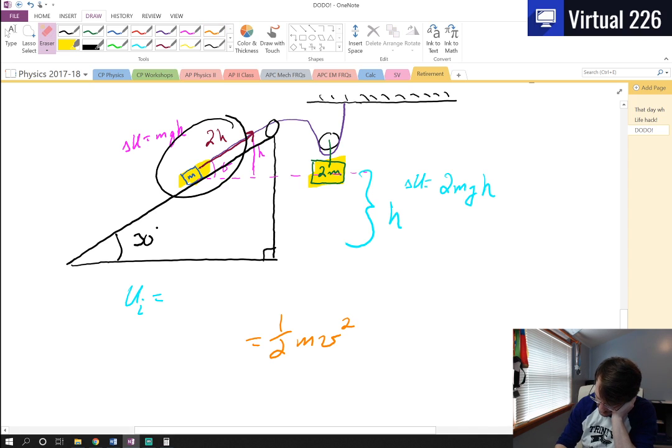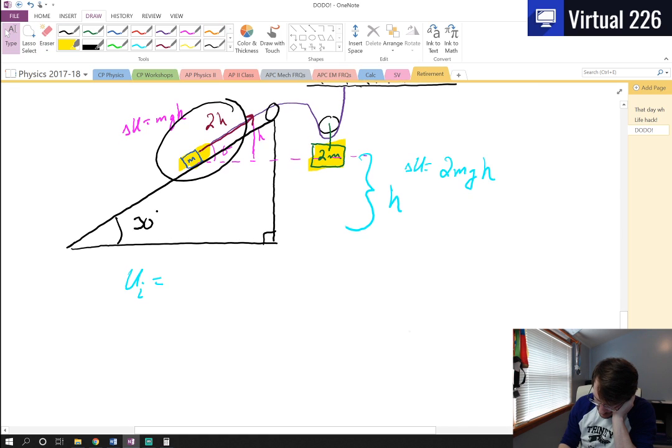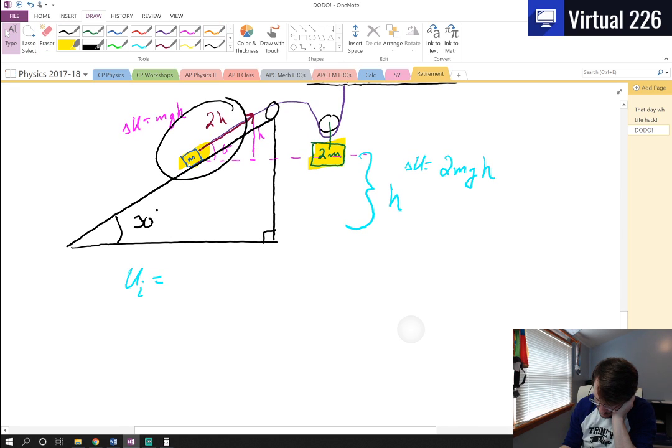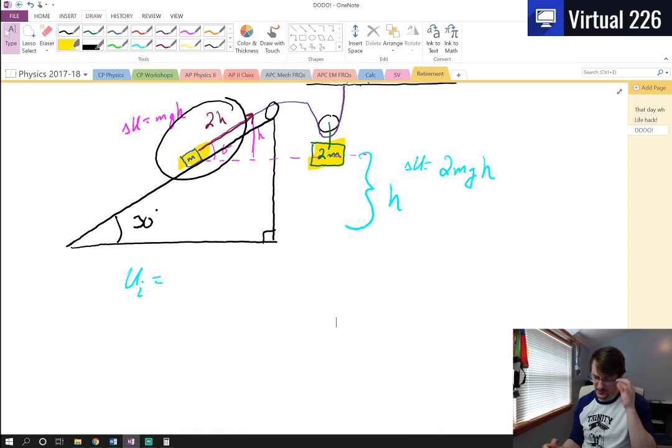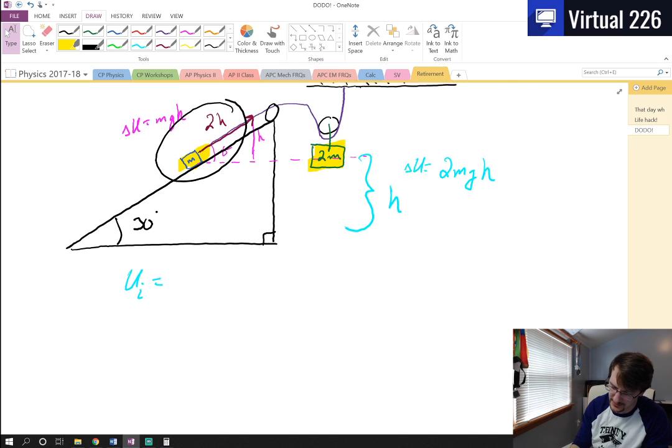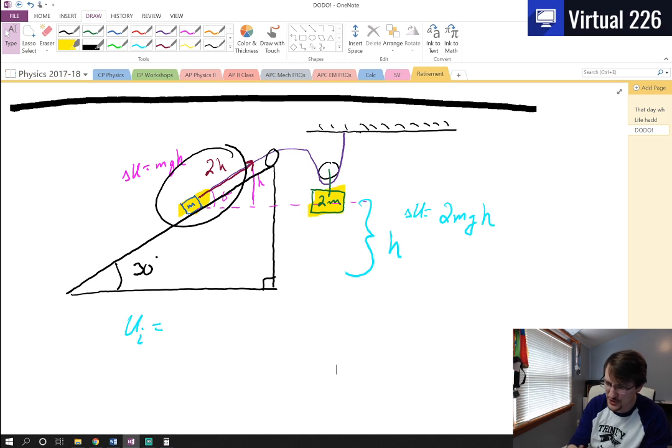I wonder if I could do this. Okay, so let's check this out. The total, will that work? Okay, let's just try this out. I don't know if this will work, but we're going to see what happens. The total kinetic energy I have in my system after the end of this is the mgh I have left over, which is what you had on the paper as EK, but it's really the energy of the system.